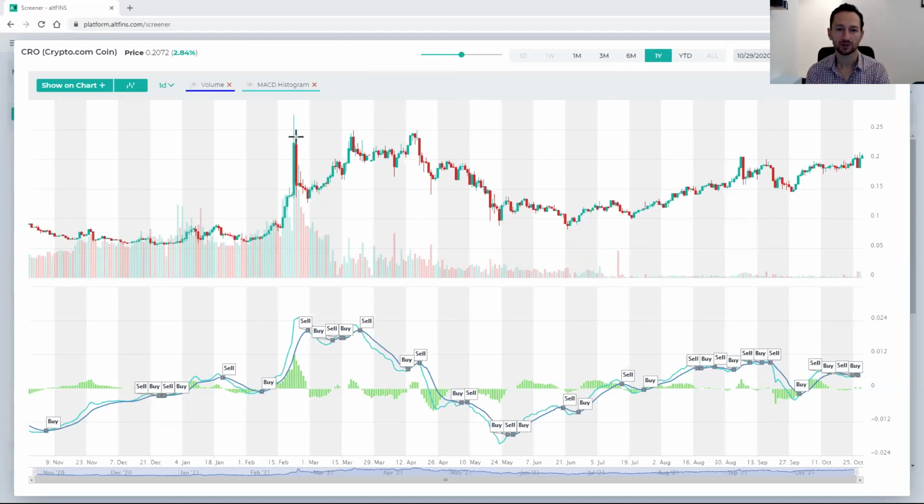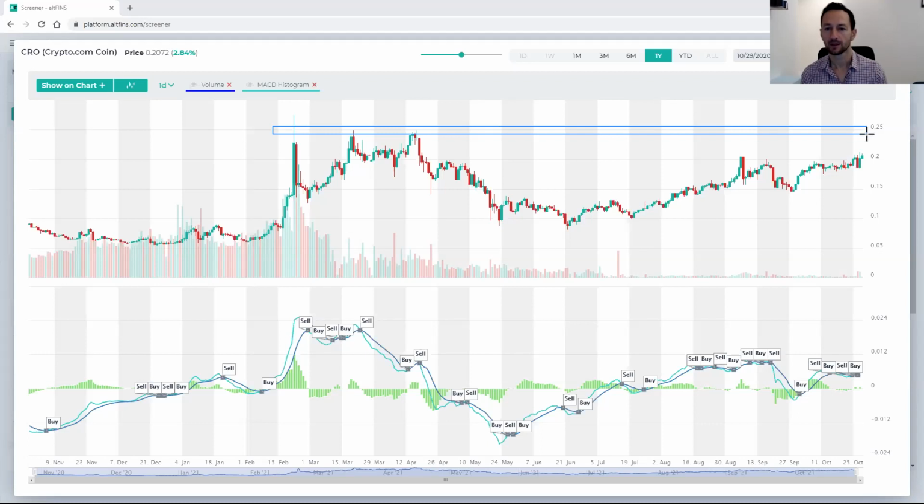And I draw it as a rectangle because, as we talked about in lesson 3, horizontal resistance and support levels are usually zoned, right? It's not exactly the same number, plus or minus, but you can see that the price reversed at around that level a few times in the past.